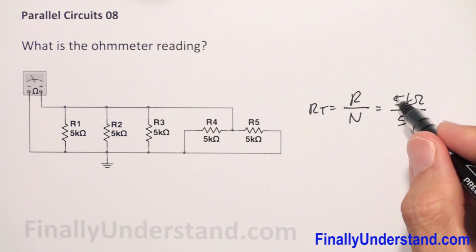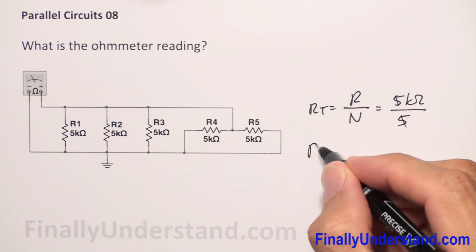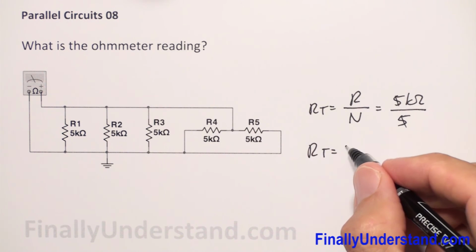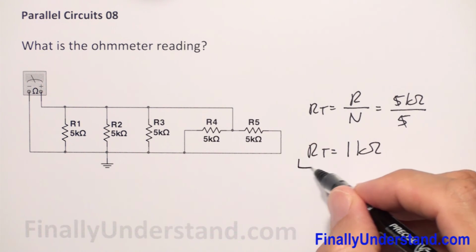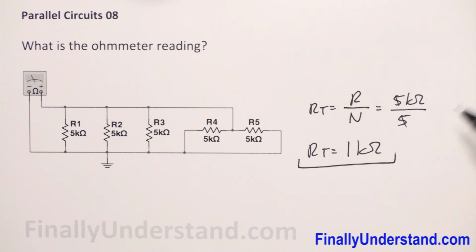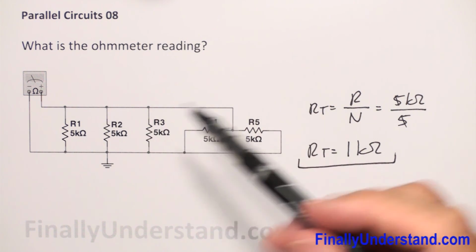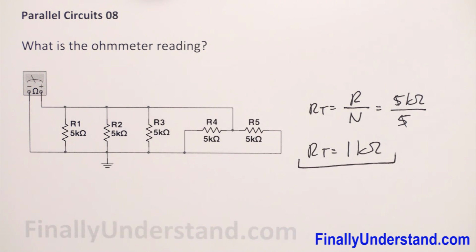So 5 and 5 will cancel out, so I have R total equal simply 1, and don't forget about kilo ohm. So this is my solution, and this is going to be basically displayed on my ohm meter.